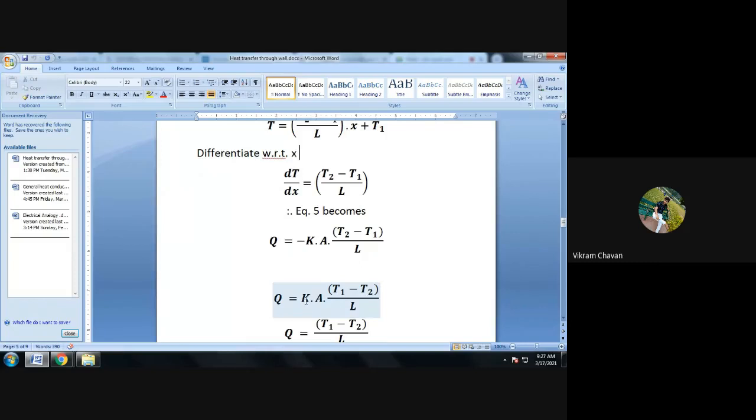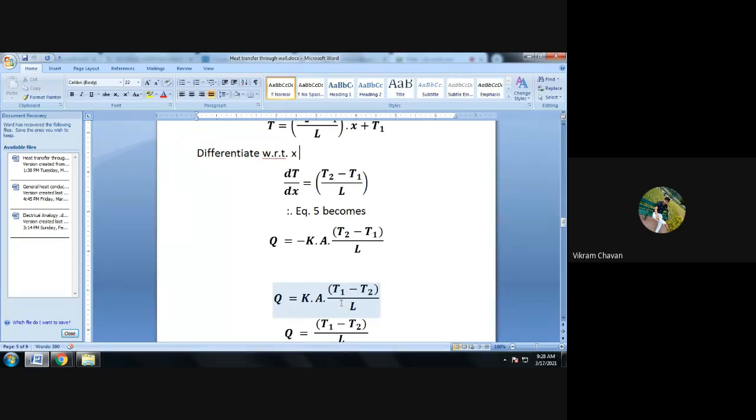So Q is equal to K multiplied by A multiplied by (T1 minus T2) divided by L.